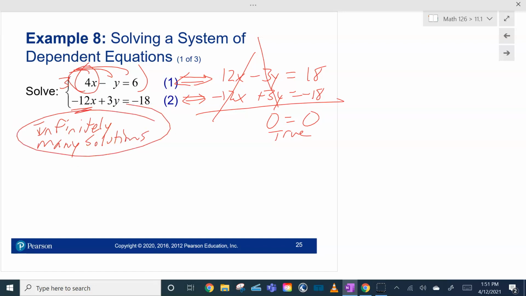Because if you were to solve both of these for y, negative y equals negative 4x plus 6, so y equals 4x minus 6. Now take the other one, negative 12x plus 3y equals negative 18. Solve that for y.